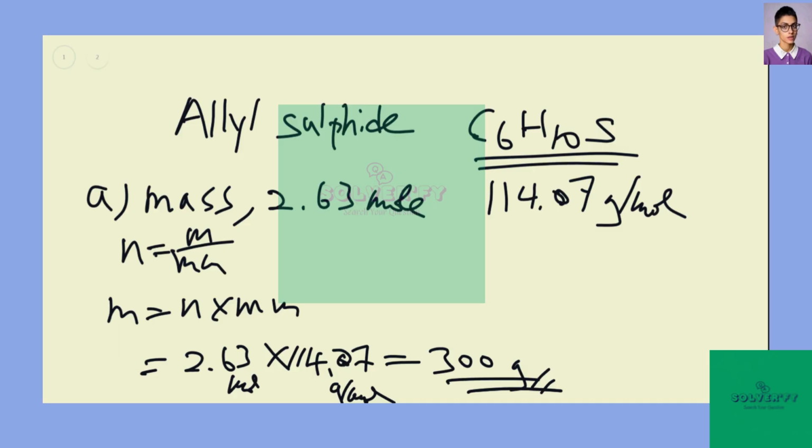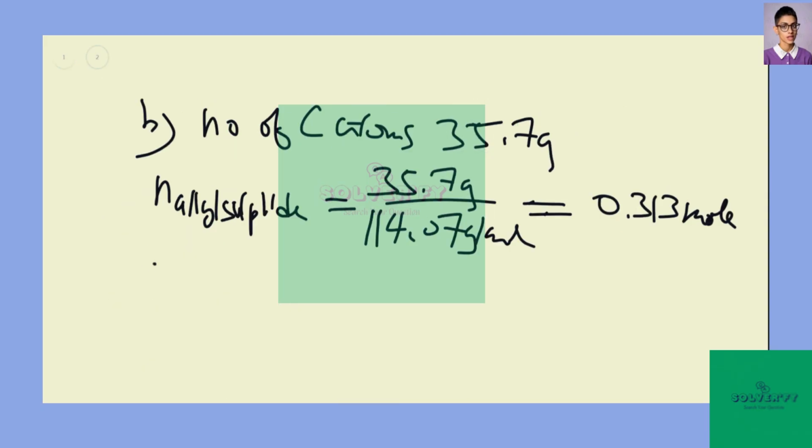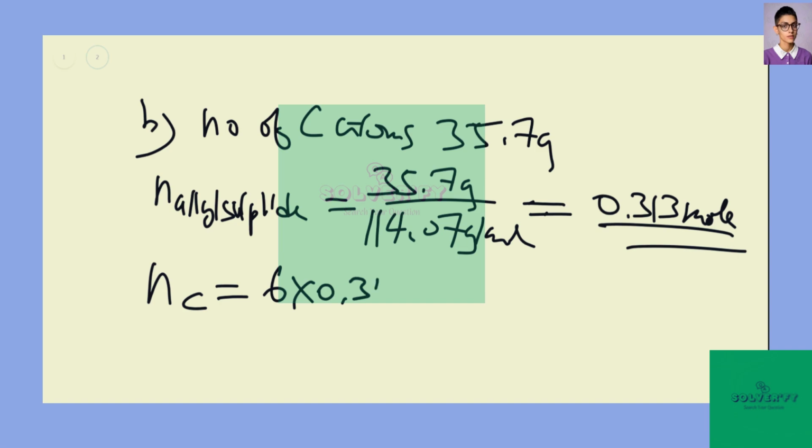Okay, so we have to go back to look at our molecule. For each molecule, we will have 6 carbons. So the number of moles of carbon will be equal to our total number of moles times 6, because each of them has 6 carbons. So we have 0.313 times 6, which is 1.878 moles of carbon.